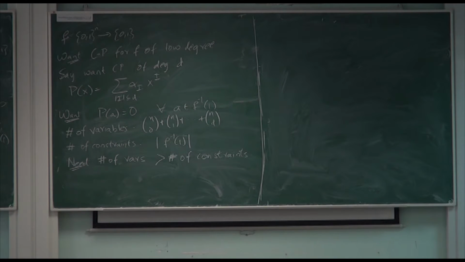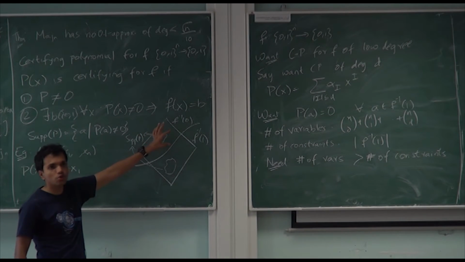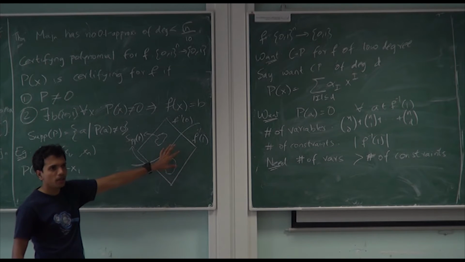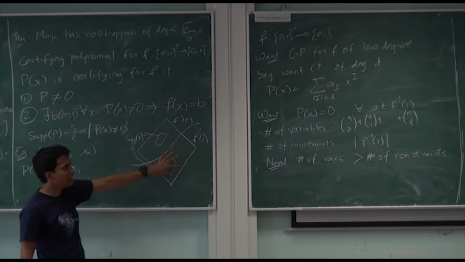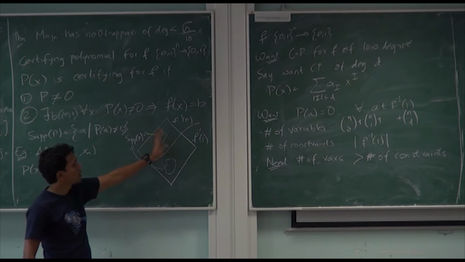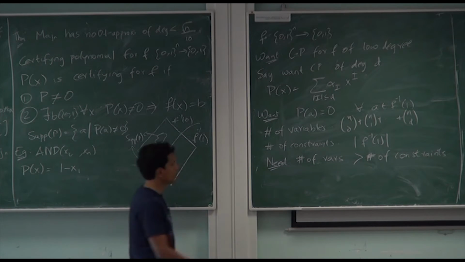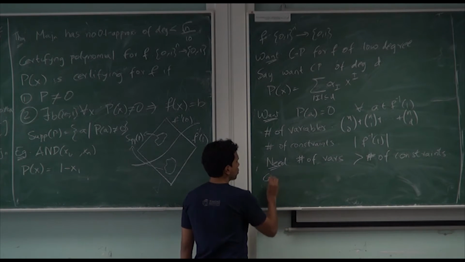Okay. So how do I arrange for this? The only way I can arrange for this is by choosing my b suitably. I could either choose to certify that the function is 0, or I could choose to certify that my function is 1. If I choose my side carefully, I can ensure that the number of constraints is at most half the number of points.